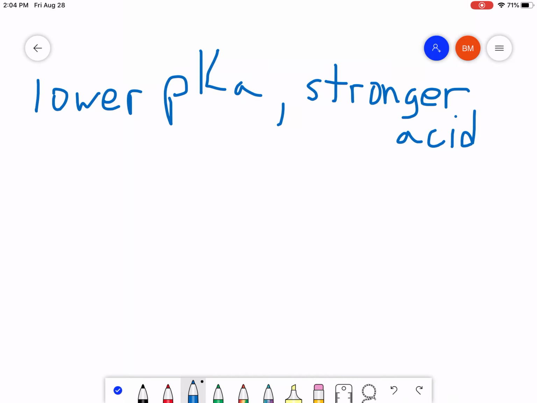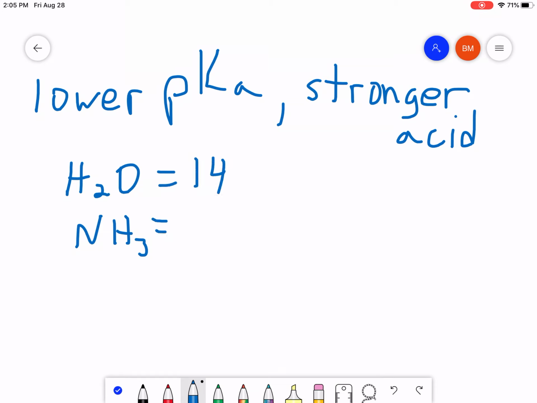So if you look at a couple of reactants, you can just look up their pKa's and see which one of them has the lower pKa. The lower pKa material is going to act as the acid. We did a system with water and ammonia. pKa of water is 14. pKa of ammonia is 37. We did another system that had HCl and methanol, which is CH3OH.